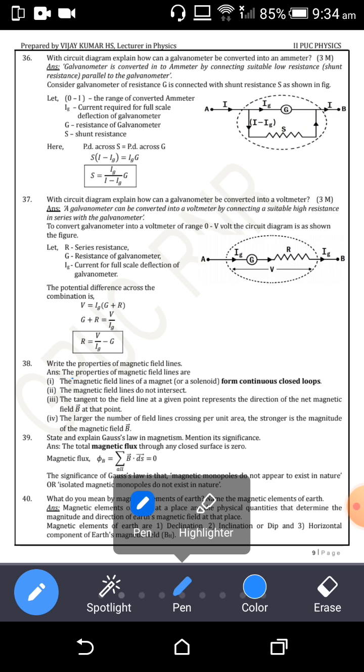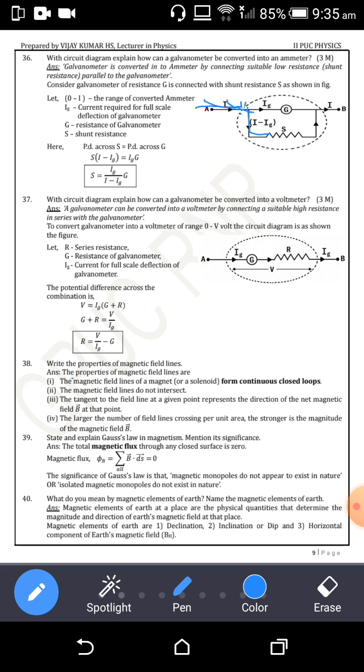Now let us see how we are going to convert it. If more current flows through the galvanometer, it gets damaged, so only a small amount of current should be passed through it. Let I be the current flowing in from terminal A. Since we have connected the shunt resistance in parallel, it offers low resistance.